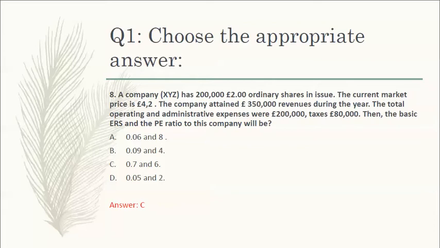The total operating and administrative expenses were 200,000 and the taxes 880,000. Then the basic earning ratio, EPS, and the PE ratio of this company will be. The answer here is C. So EPS will be 0.7 and the PE ratio will be 6.